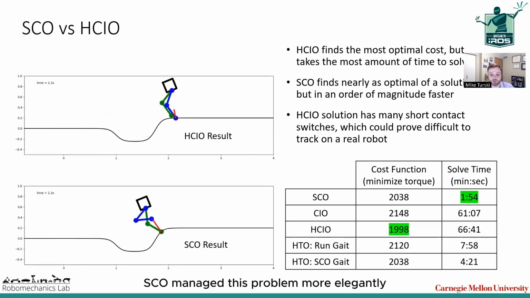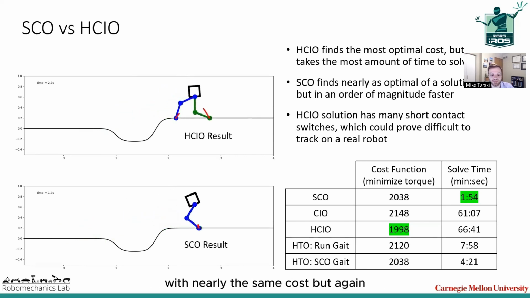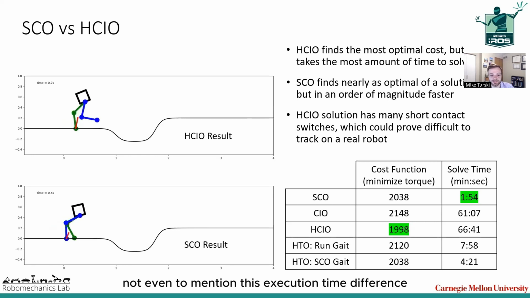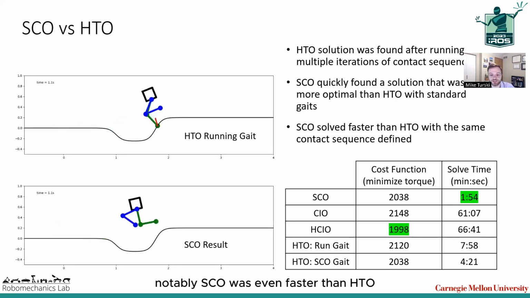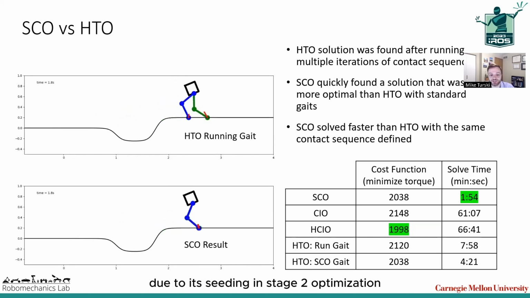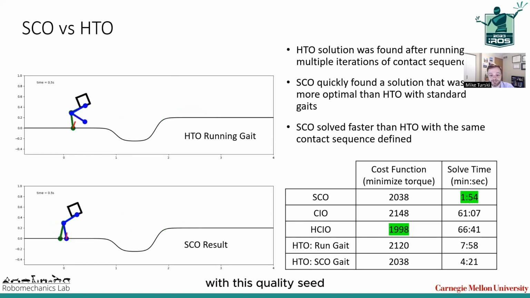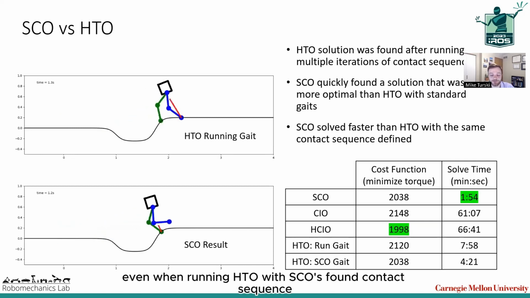SCO managed this problem more elegantly with nearly the same cost, not to mention this execution time difference. Notably, SCO was even faster than HTO due to seeding the stage 2 optimization with this quality seed. This was the case even when running HTO with SCO's found contact sequence.